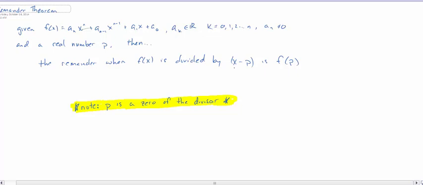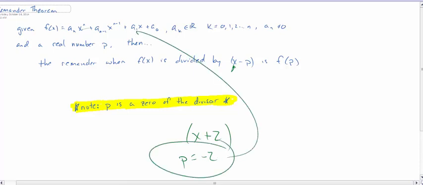It's the thing that I would put in here. If we had x plus 2, p is negative 2, and to find the remainder, I'd plug it into the polynomial. I can either do a direct substitution, where I plug it in for all the x's, or I could do this synthetic substitution thing.